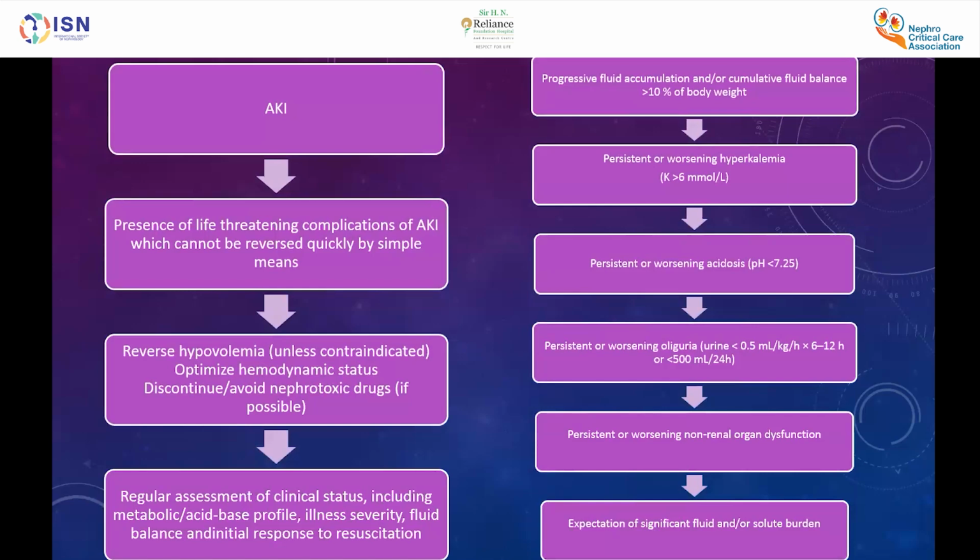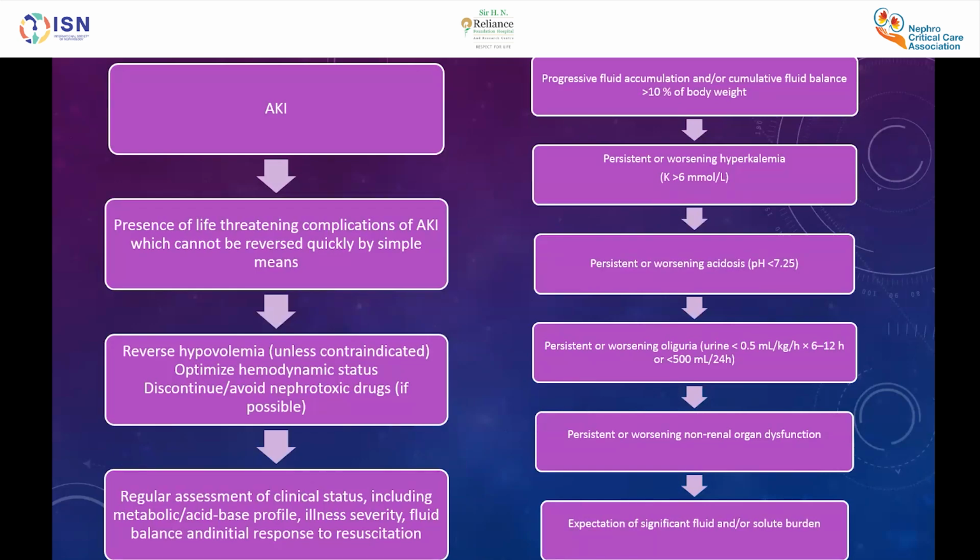So to conclude my talk, just a small chart. When there is AKI and presence of life-threatening complications of AKI which can't be reversed by conservative management, then we need to think about RRT.